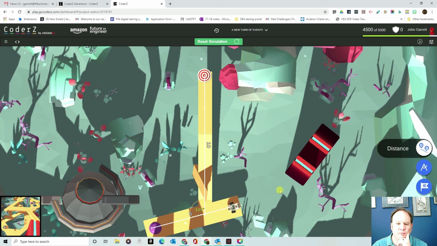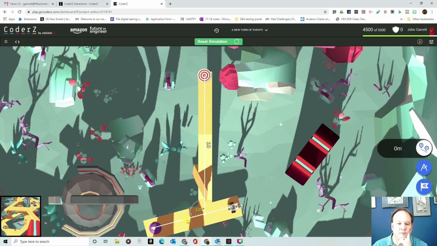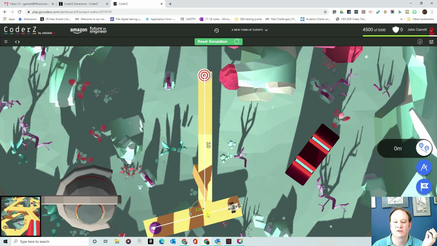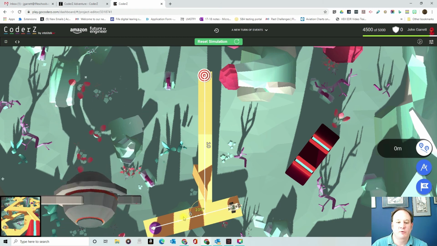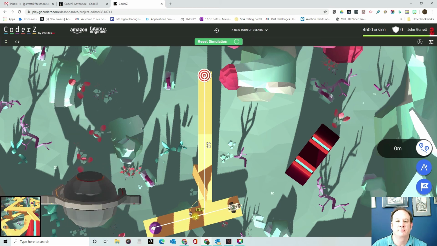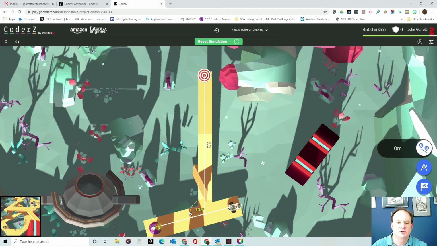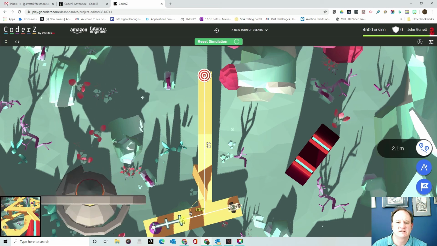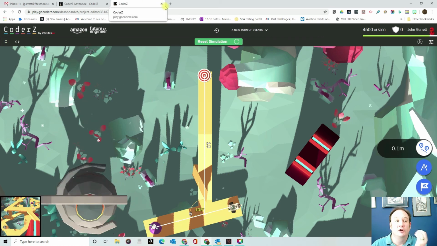Well, it might be worth making a measurement back to where you want to get the robot back to. You'll notice that when I went back 3, half of that, it didn't quite get to the right place. So that's going to be the challenge, is to use that measurement tool to measure that distance to see how many meters you need to go back. Okay, so good luck with that.